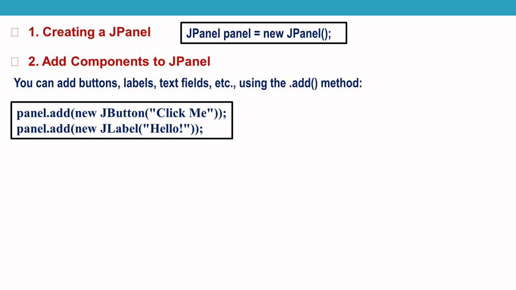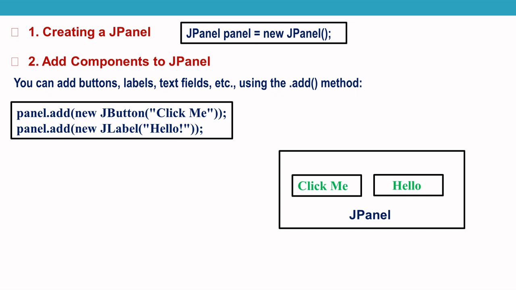Now we discuss how to create a JPanel. For creating a JPanel, we use the JPanel class and create its object. After creating the object, we can add components like buttons, labels, text fields inside the JPanel using the add method. Here we create a JPanel, and in this JPanel we add two buttons, Click Me and Hello.